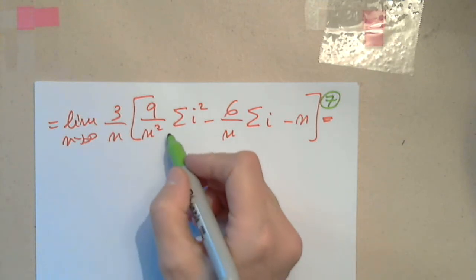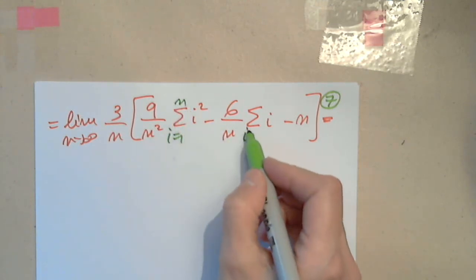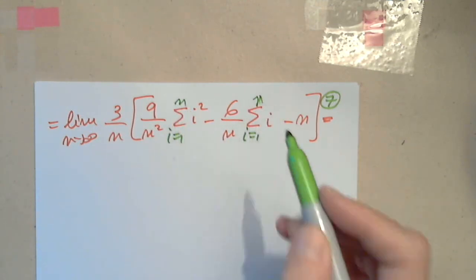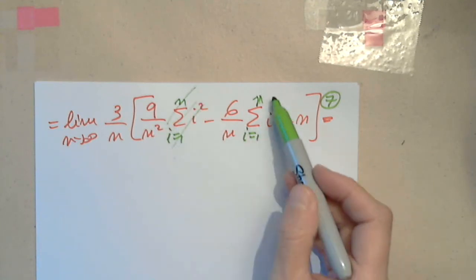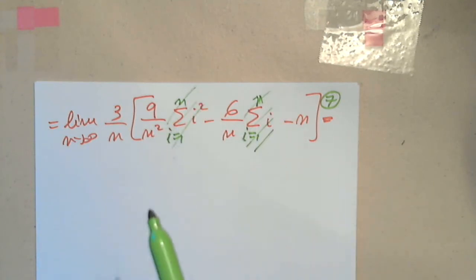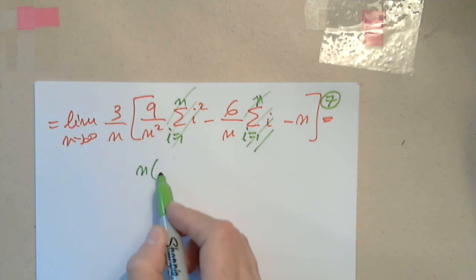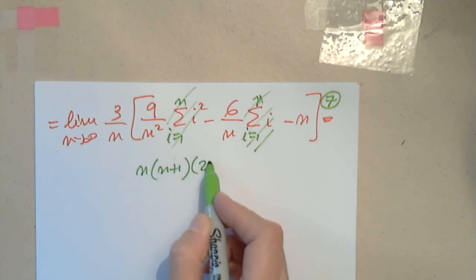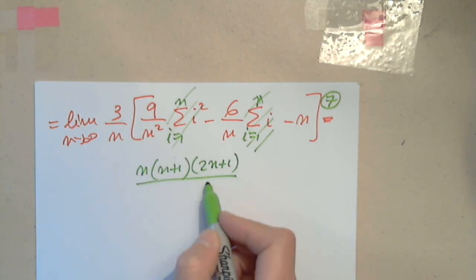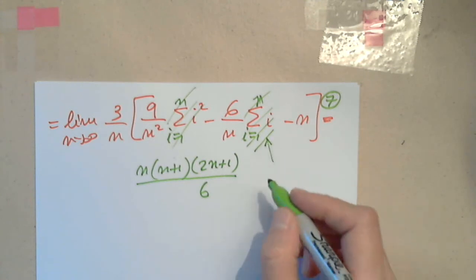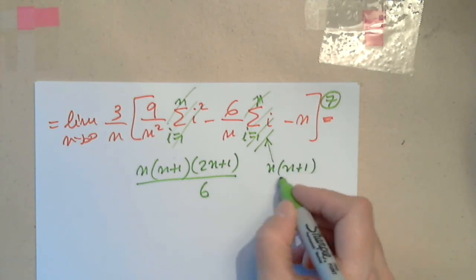Of course, from i equals 1 through n. So now this gets replaced, and this gets replaced. This one is the ugly one: n plus 1, 2n plus 1 over 6. This one is n plus 1 over 2.